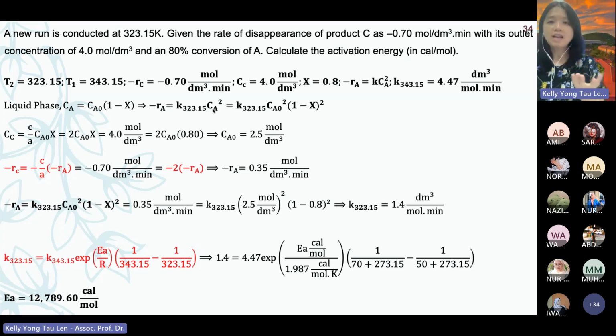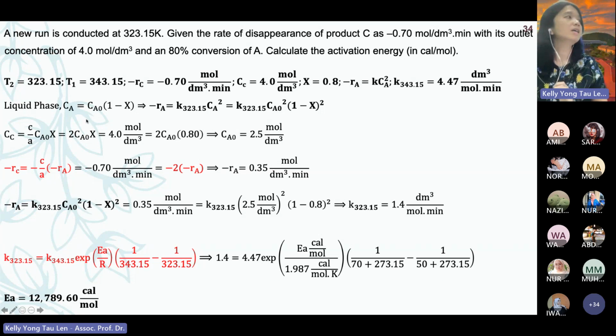Okay, but usually we will work in the form of CA0 and X, right? I always tell you that if it is in the form of CA and so on, you will have to find it in the form of CA0 and X. So if you remember back, that is why reaction questions are difficult, because you have to apply across chapters to solve the question. So this one you jump to chapter 3.